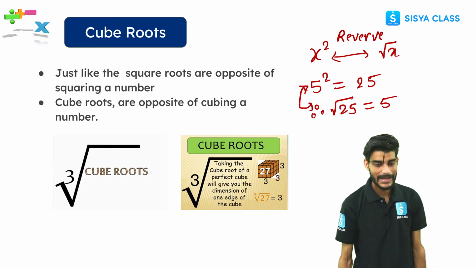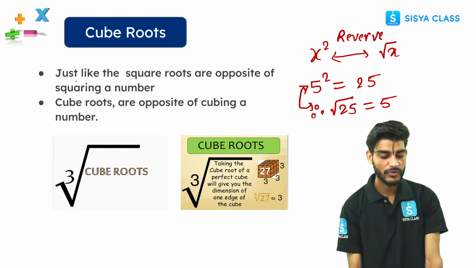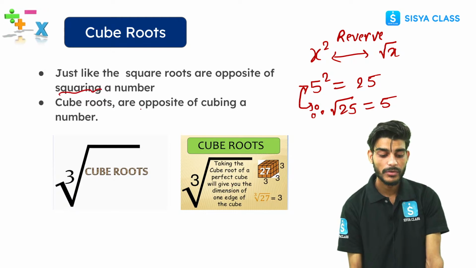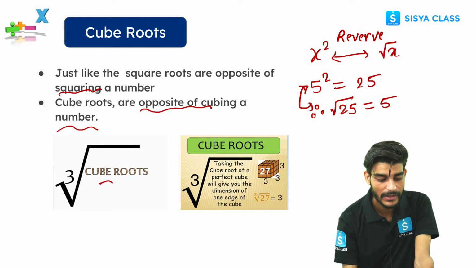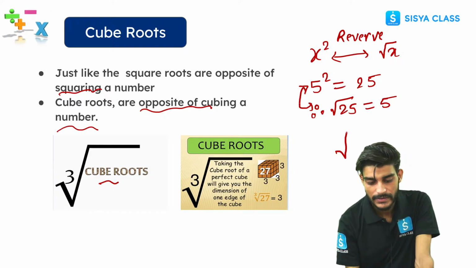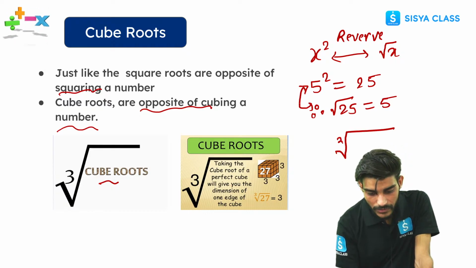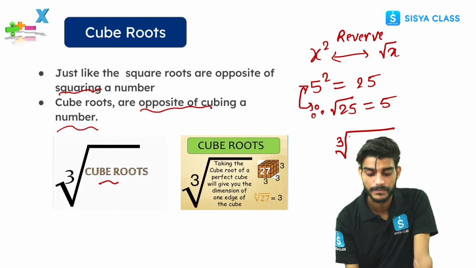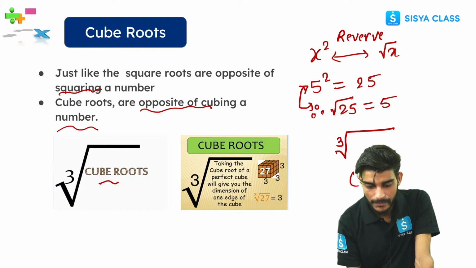Just like square roots are the opposite of squaring a number, cube roots are the opposite of cubing numbers, denoted by the cube root of 3. This is how we denote the cube root, or you can say a number to the power 1 by 3.